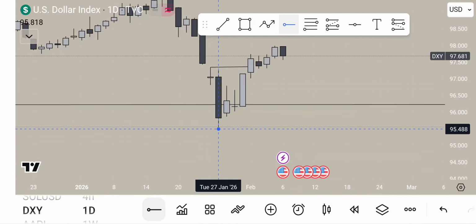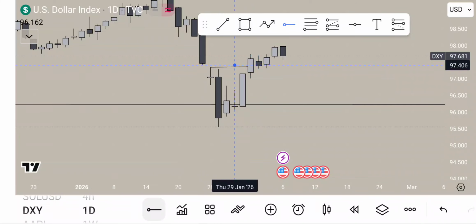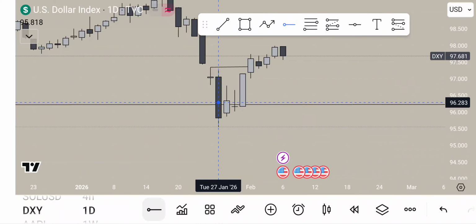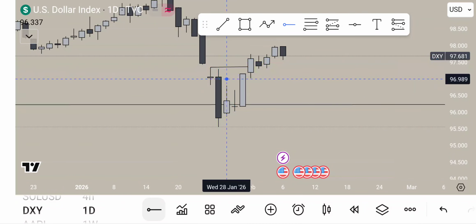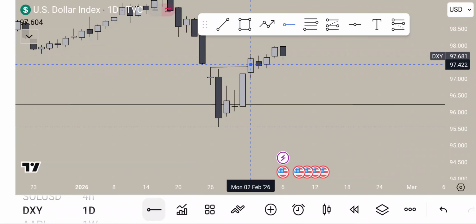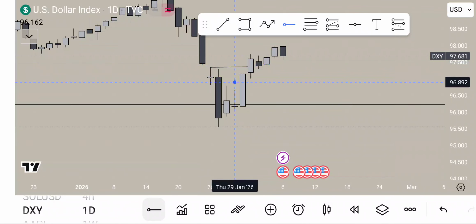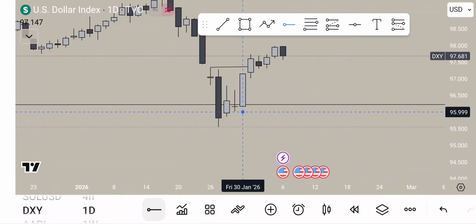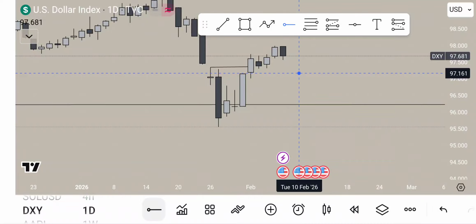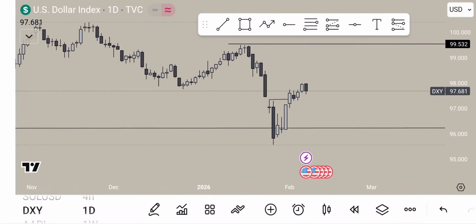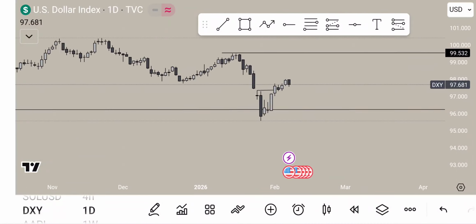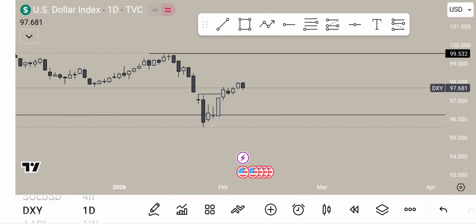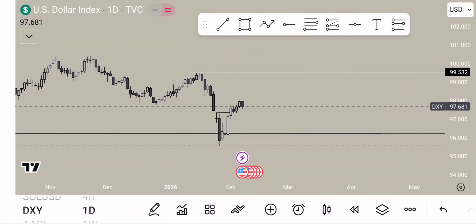The daily candle has already closed above this huge candle, which shows a market structure shift, which shows that the DXY is bullish in the monthly, bullish in the weekly, and even in the daily it has aligned bullish. So with all this, why should I ever be thinking of selling DXY?